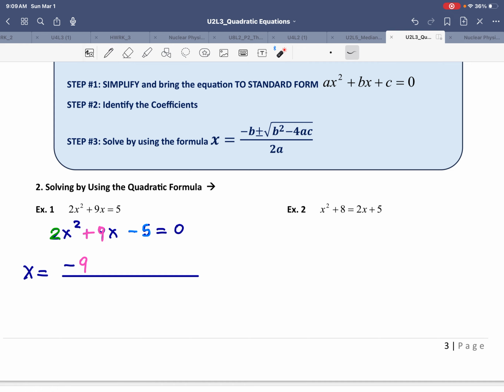And then we have plus or minus the square root of b squared, that means we have 9 squared, minus 4 multiplying a, multiplying c. So the value of a is 2, and the value of c is negative 5.